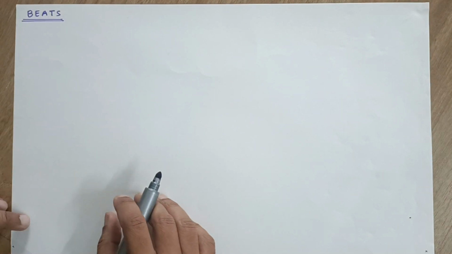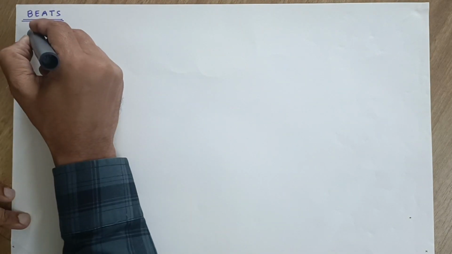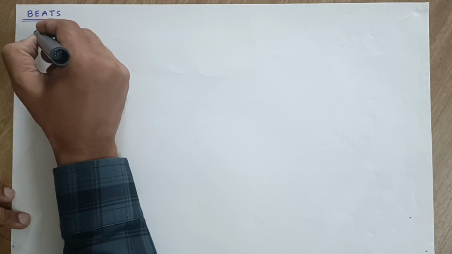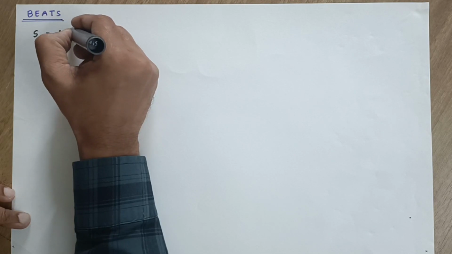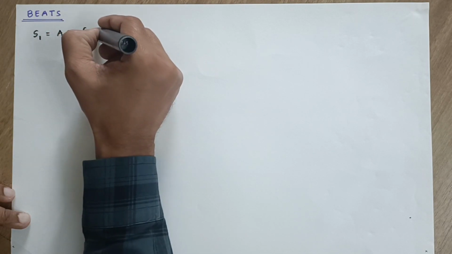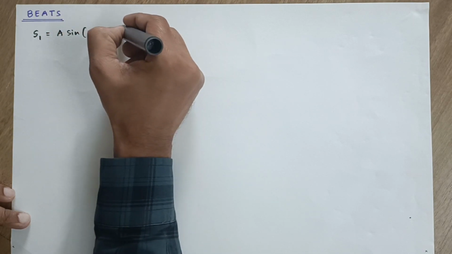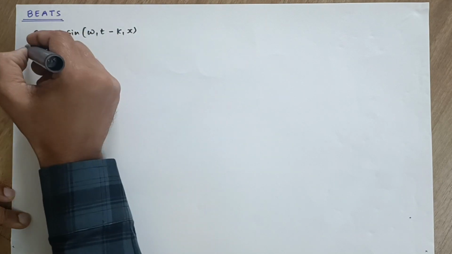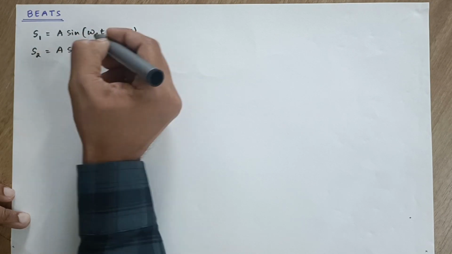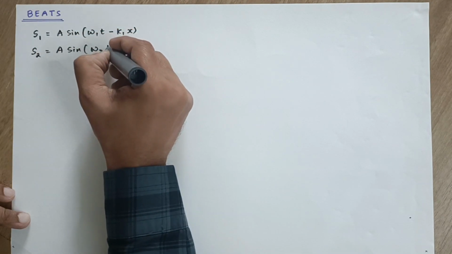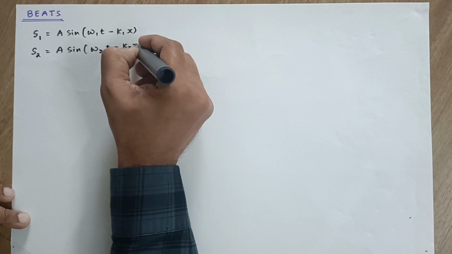So we should have two waves, and let me call the first wave S1, that is equal to A sine omega 1t minus k1 x, and the other wave is S2, that is A sine omega 2t minus k2 x.